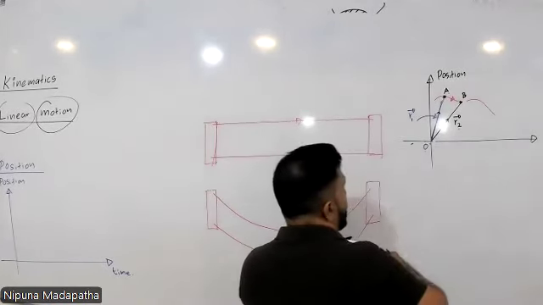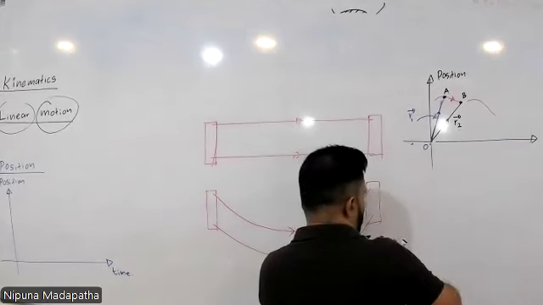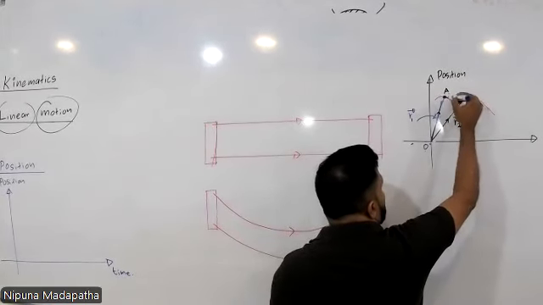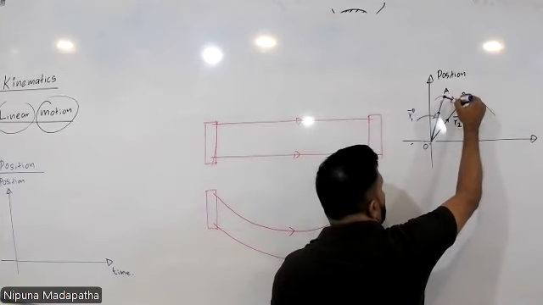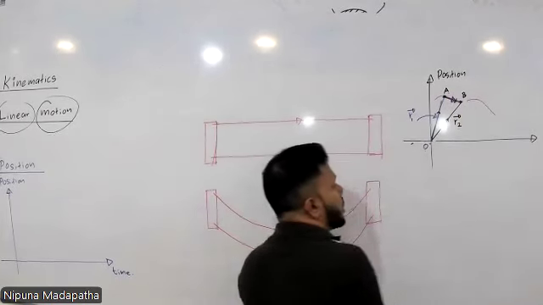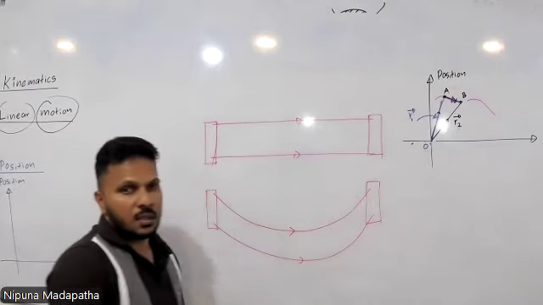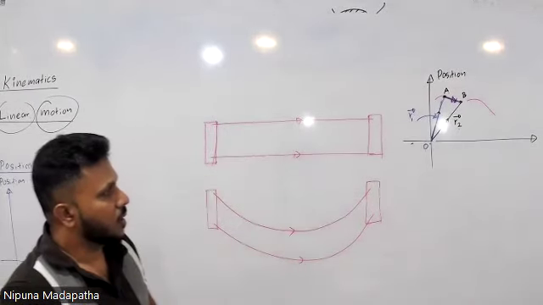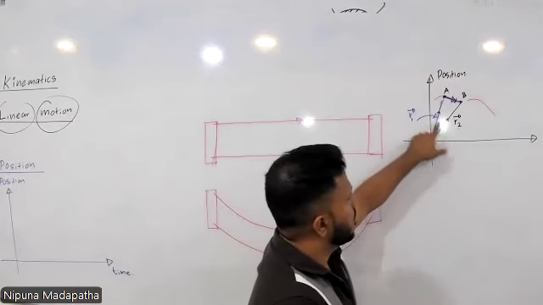If we join these 2 points with a straight line, this vector AB represents the change. Going to vector knowledge, these are 2 vectors.